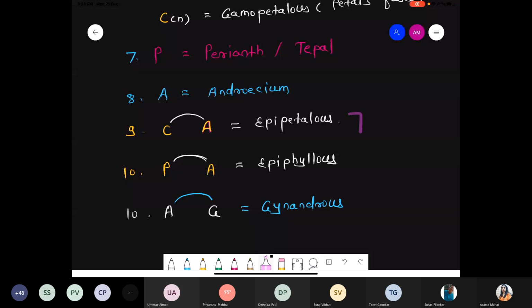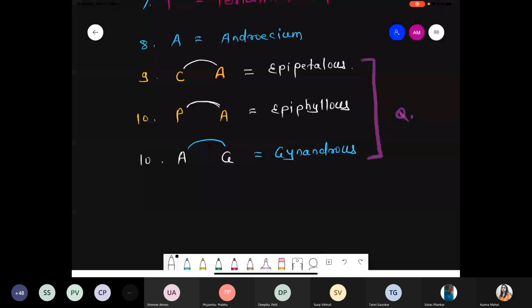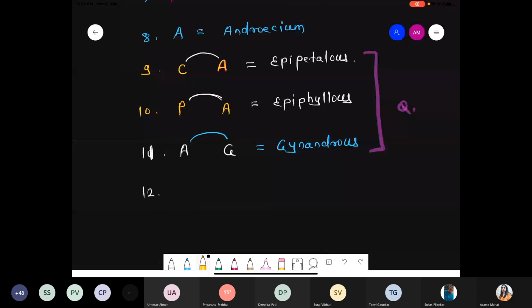Remember. In the next class, we are talking about the gynoecium. If there is a capital G, that capital G represents the female reproductive part, the gynoecium.